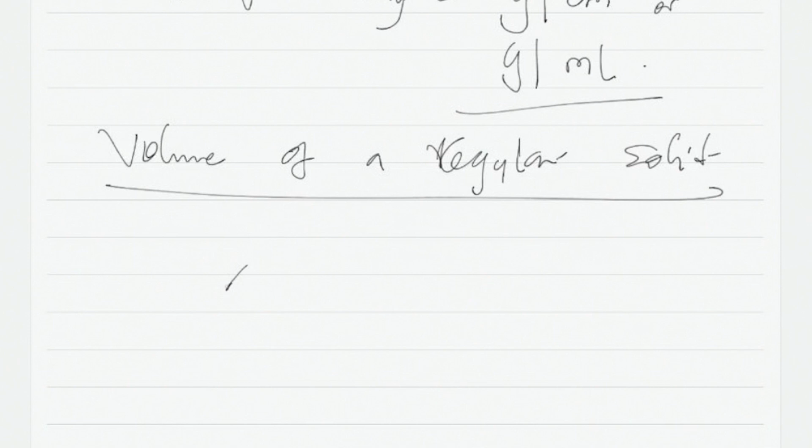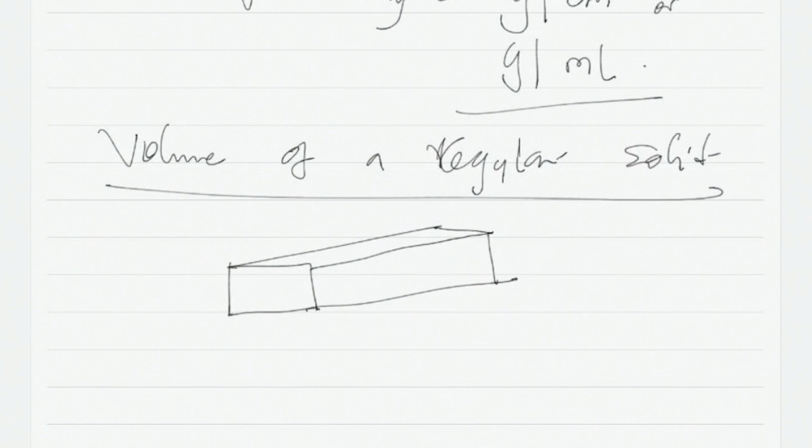A regular solid, an example can be, let's look at this cube here. If this is the height, this is the length, and this is the breadth.